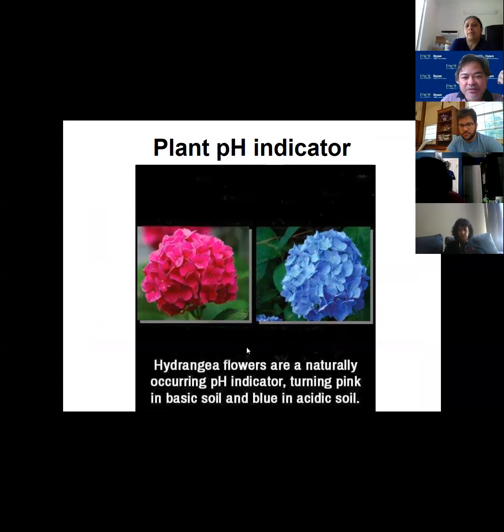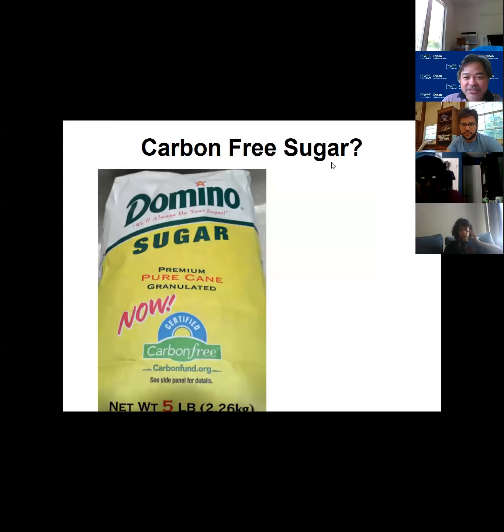Now I just found it in some Facebook posts, but remember, not all posts on Facebook are true. Okay, because I'm going to show you some stuff here that I also got from these so-called memes, like this one. So what can you say about this carbon-free sugar? Is that true? It's written there, carbon-free.